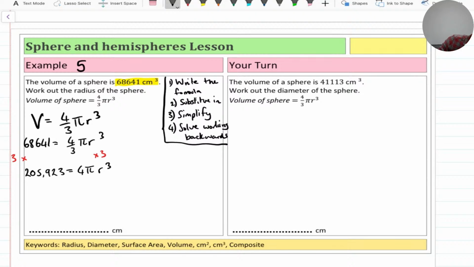So then we need to get rid of that 4 pi, so we need to divide by 4 pi.